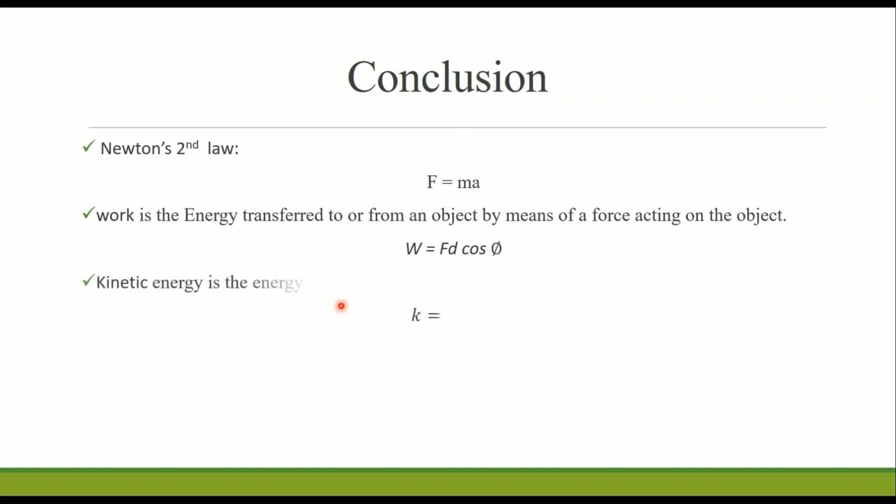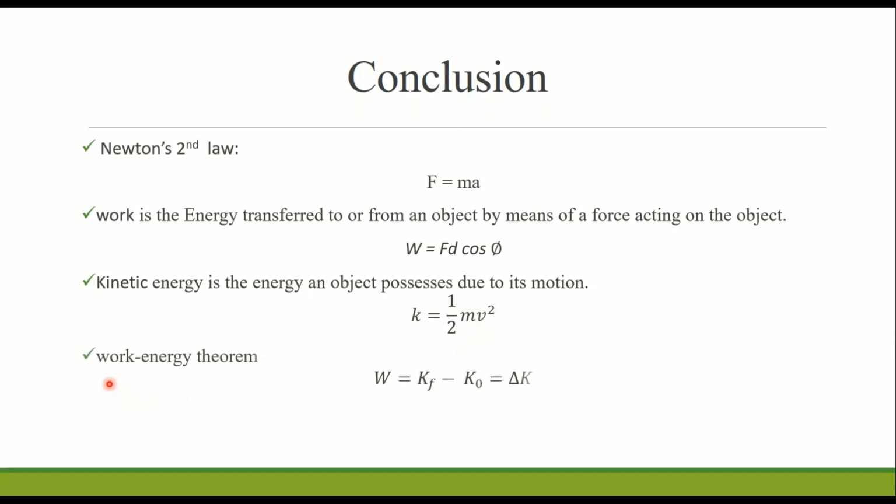Then, our exploration brought us to the concept of kinetic energy. This type of energy arises from an object's motion. This equation reveals that kinetic energy increases in direct proportion to the object's mass and the square of its velocity. Ultimately, using these foundational concepts, we arrived at our primary goal, which was understanding the work-energy theorem.